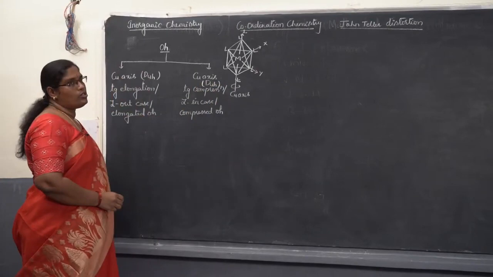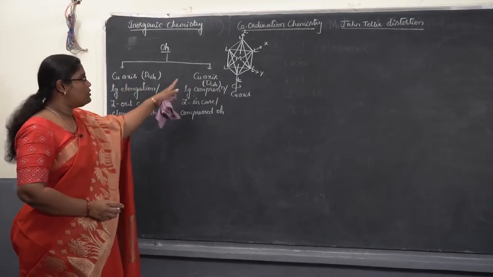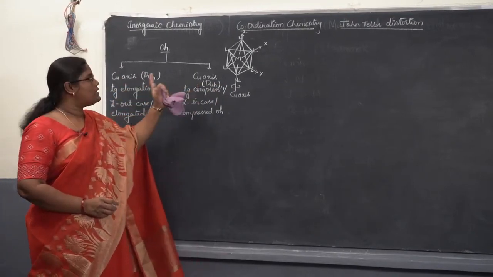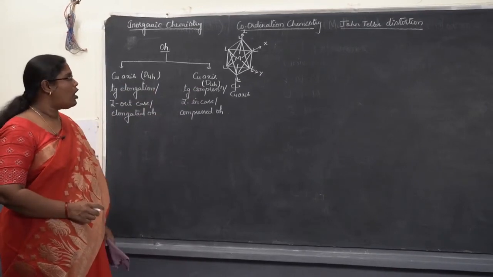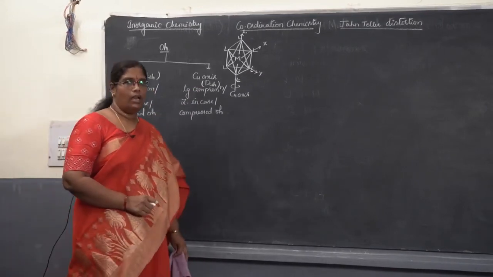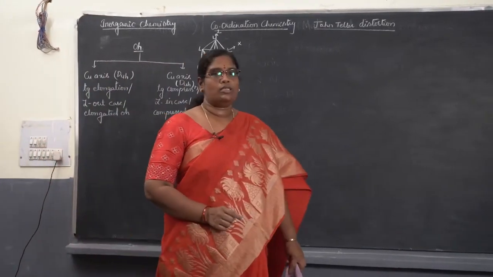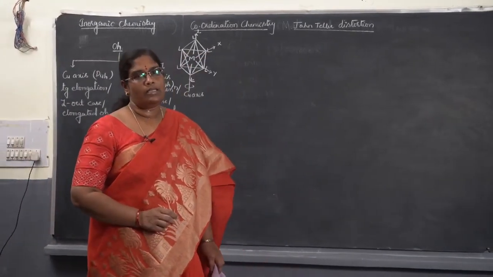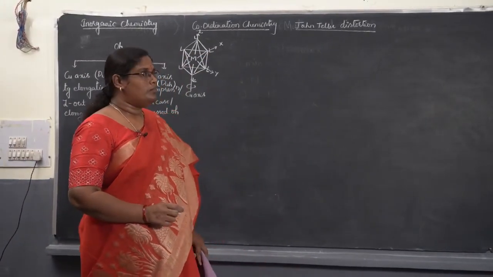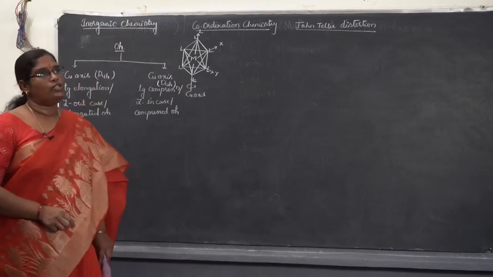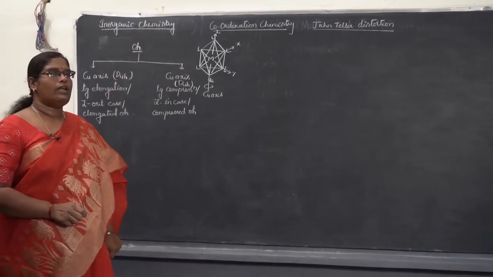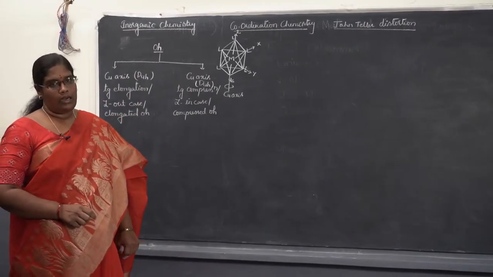So the consequence of distortion is, first it will lose its symmetry, and due to the loss of symmetry, energy is released, and the degeneracy of d orbitals of the metal is lost. So we say that distortion is due to the asymmetric configuration of metal electrons.